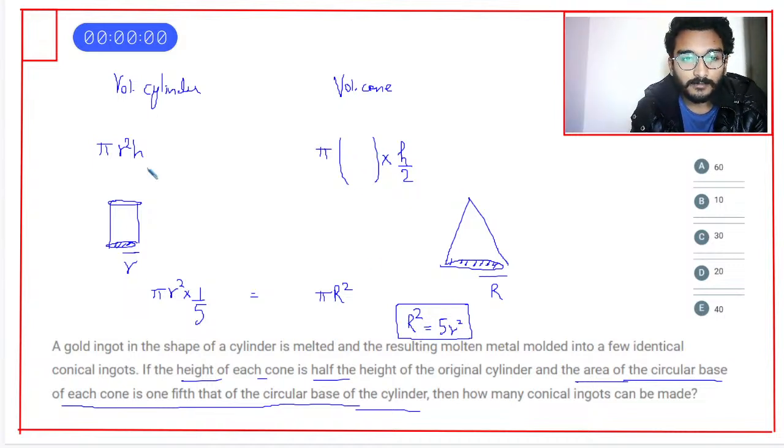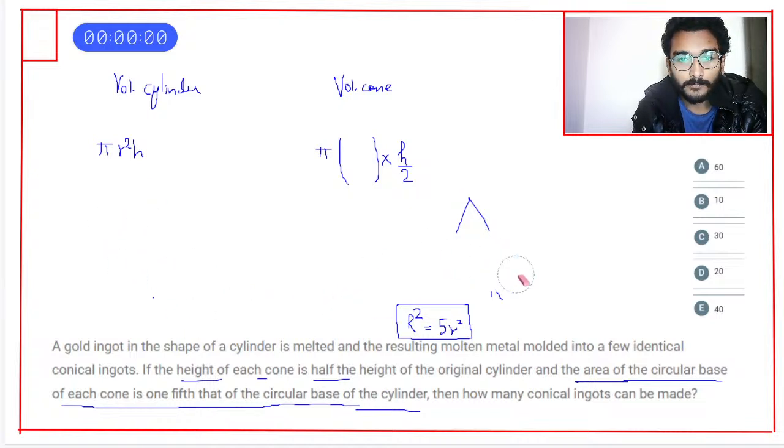Now when you have to plug the value of the radius, the radius must be like R square here, correct? And that R square I can write in terms of small r square like this. So now I can balance it. How many quantities of cone are there?